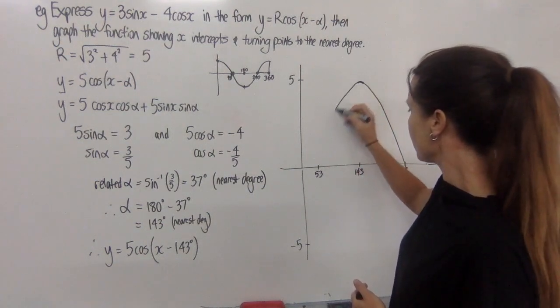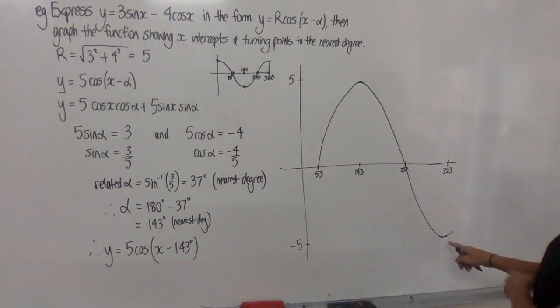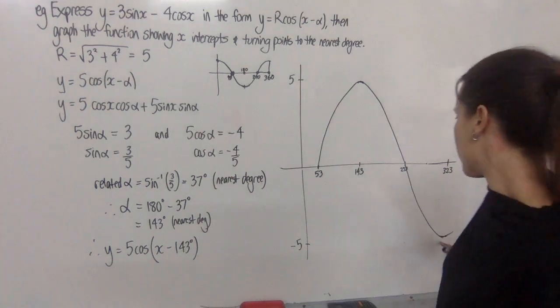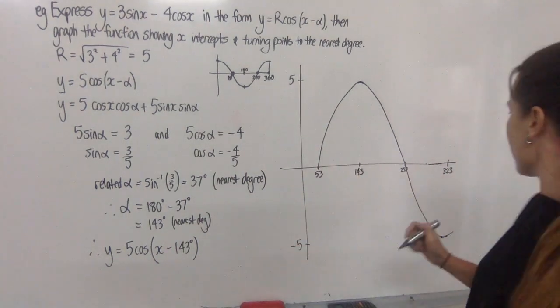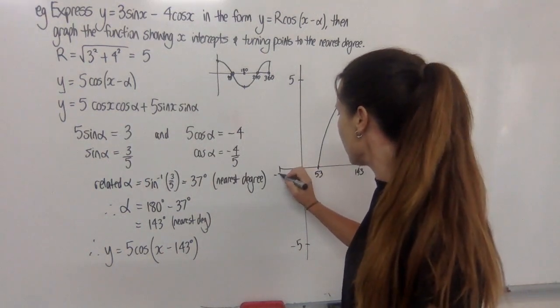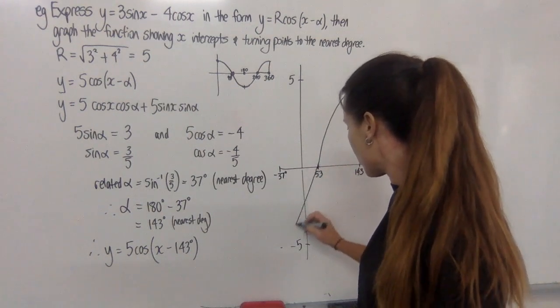Put that in there. And I know it's going to be 360 degrees between one low point and the low point before. So if I do 323 and I subtract 360, I'm going to have minus 37 over here. And that's where my low point's going to be. It's going to come across something like that.